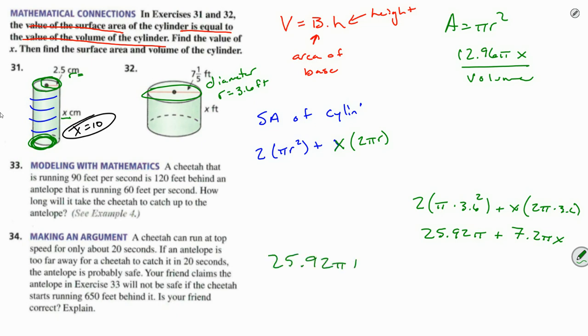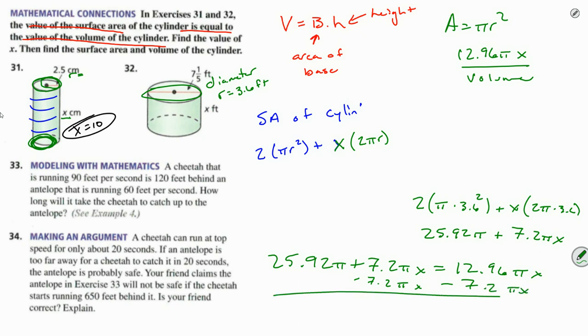25.92 pi plus 7.2 pi x equals 12.96 pi x. So if I minus 7.2 pi x over, then I get 25.92 pi equal to, let's see, 12.96 minus 7.2, 5.76 pi x.